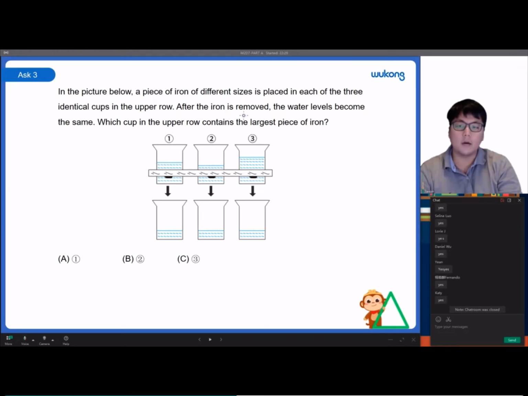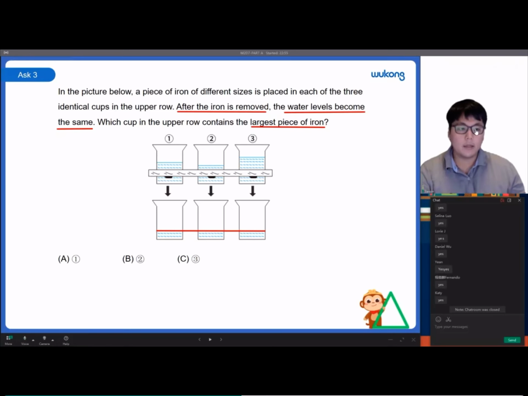Now, let's read the question. After the iron piece is removed, if you take these metal pieces out, the water level becomes the same. So you can see that the water level is now the same after taking out these iron pieces.